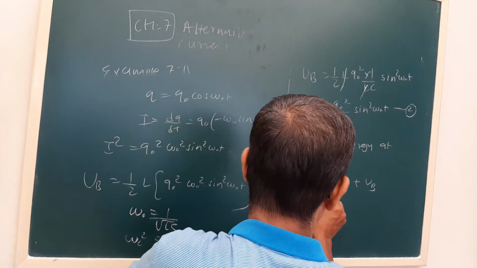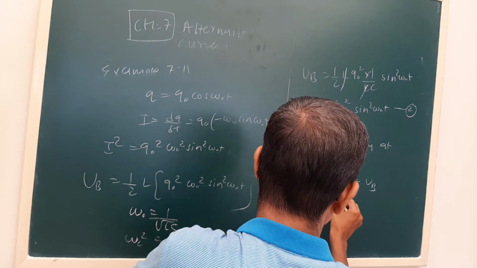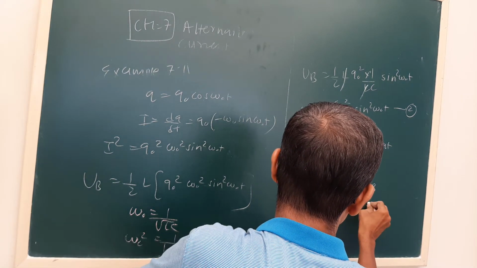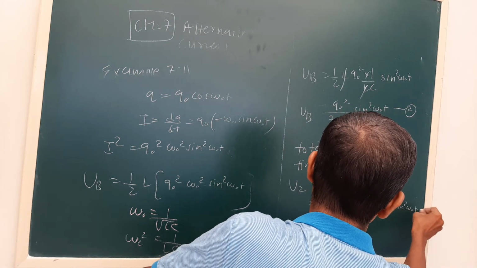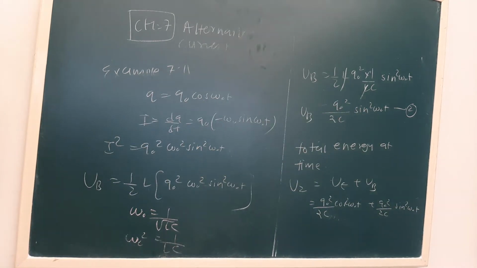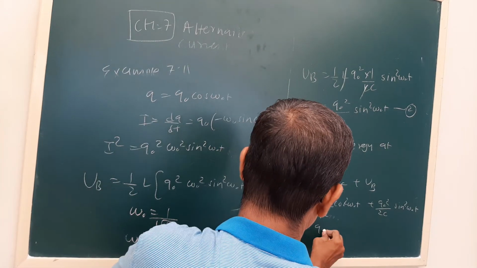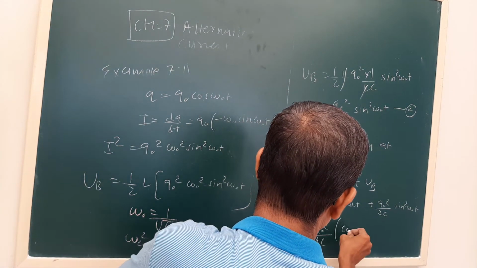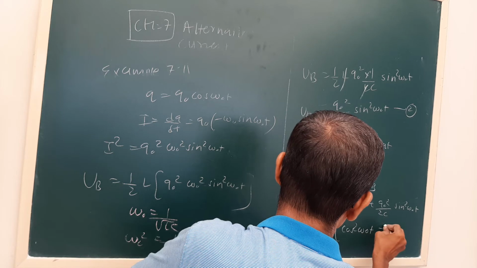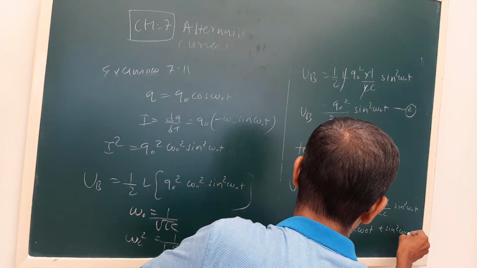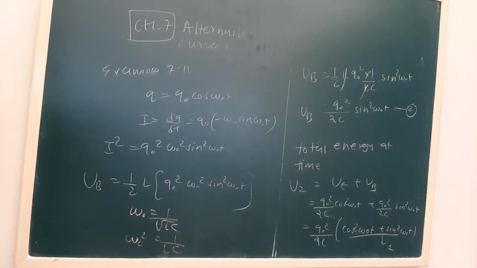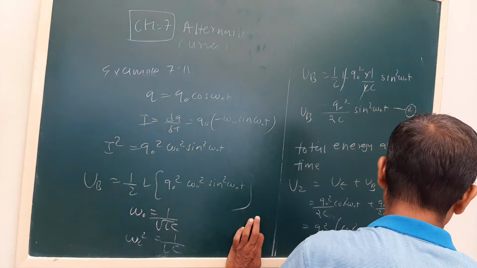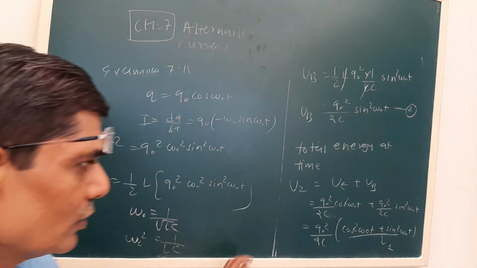So we can write Q0 square upon 2C cos square omega 0 t plus sine square. Now what we can take common here? Q0 square upon 2C. Now this is the trigonometric identity, cos square theta plus sin square theta is 1. Same way here, cos square omega 0 t plus sin square omega 0 t is 1.